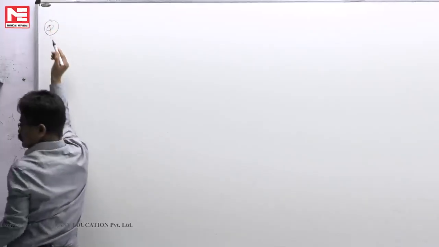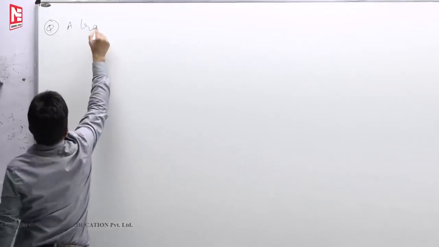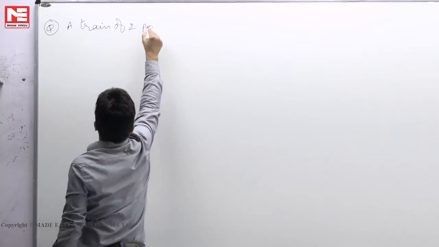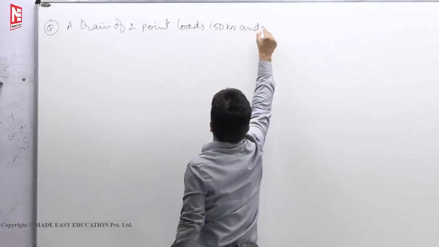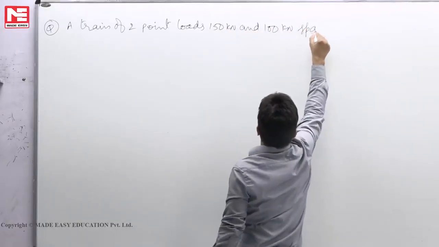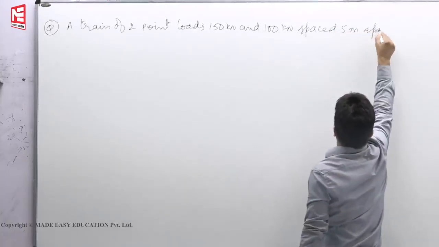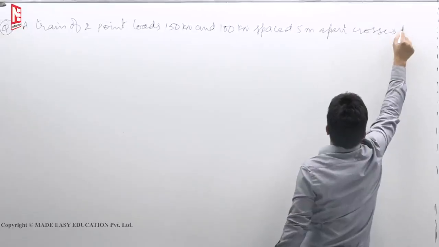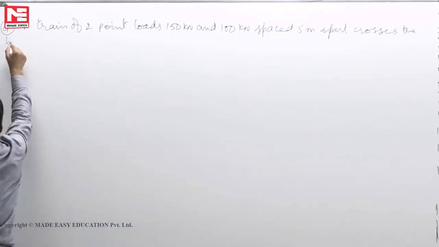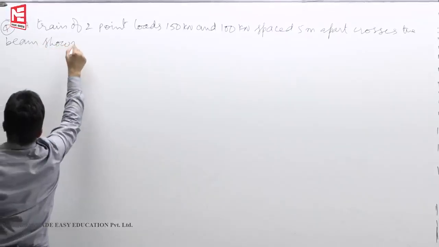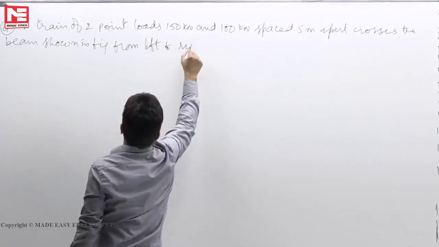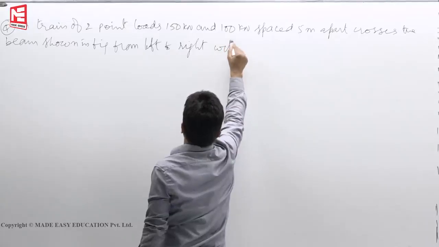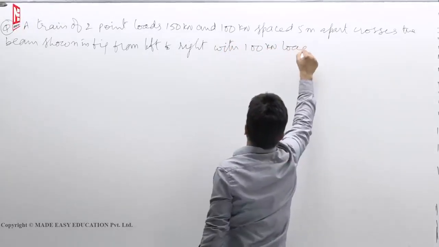Now you see, a train of 2 point loads, 150 kilonewton and 100 kilonewton, spaced 5 meters apart, crosses the beam shown in the figure, from left to right, with the 100 kilonewton load leading.